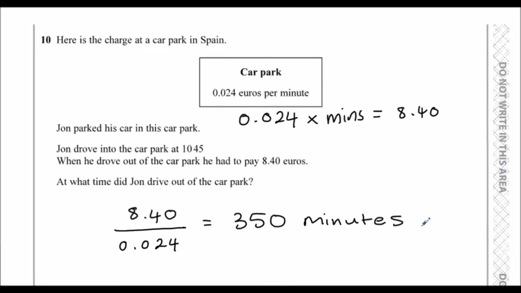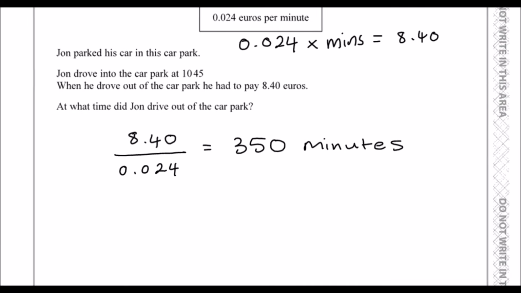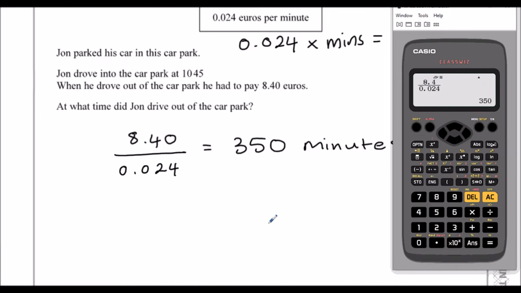So what time did he leave? So we need to add 350 minutes onto 10:45. So how many hours is that? Divide by 60.